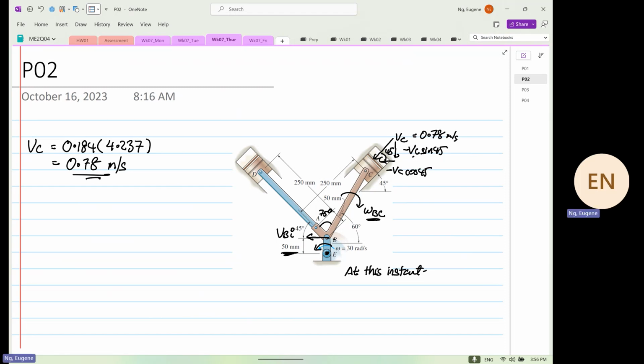Now, in the next one, let's hook it up. What do I mean by let's hook it up? If you have an engine piston like this, it is normal. When one piston is going down, like piston C is going down, piston D should be going up. If piston C is going down, piston D is going up.